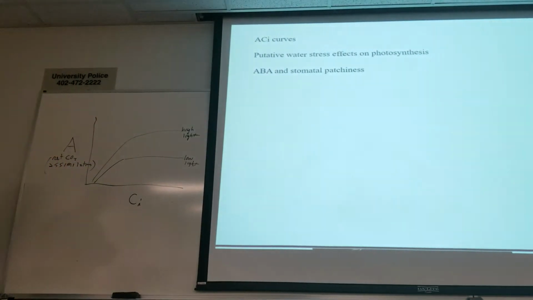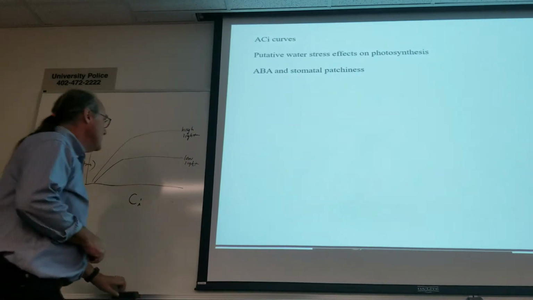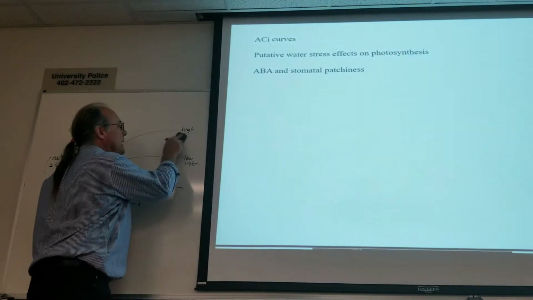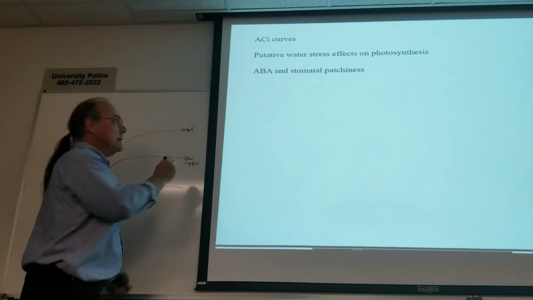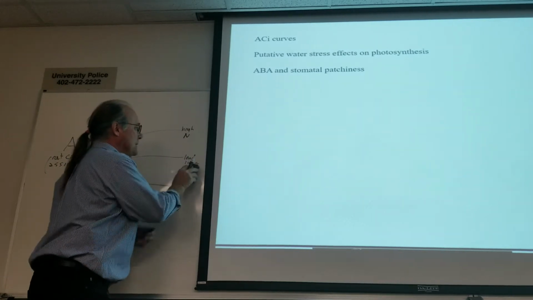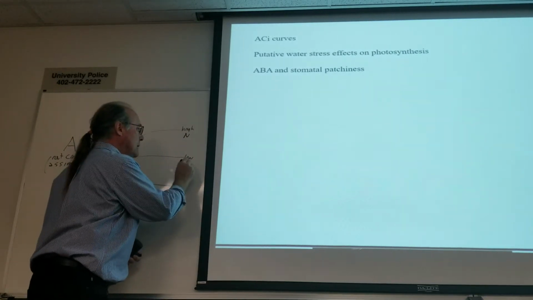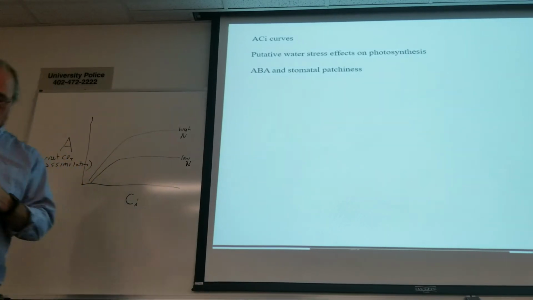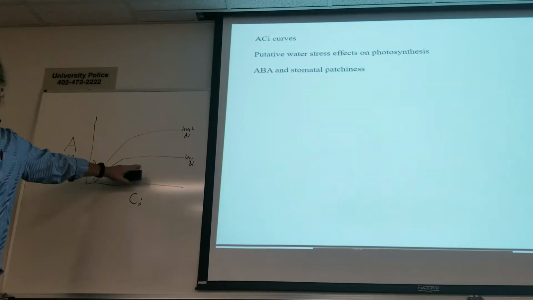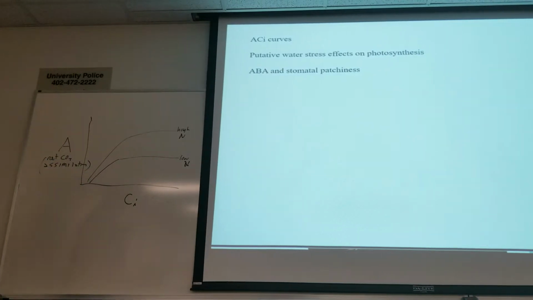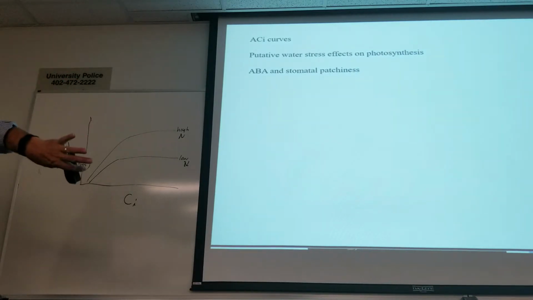Okay, so another experiment you could do is grow plants at high nitrogen concentration versus low nitrogen concentration. You also will see a difference in A-CI curves then. Why? Because nitrogen has an effect on photosynthesis directly, independent of any effect it has on the stomata.